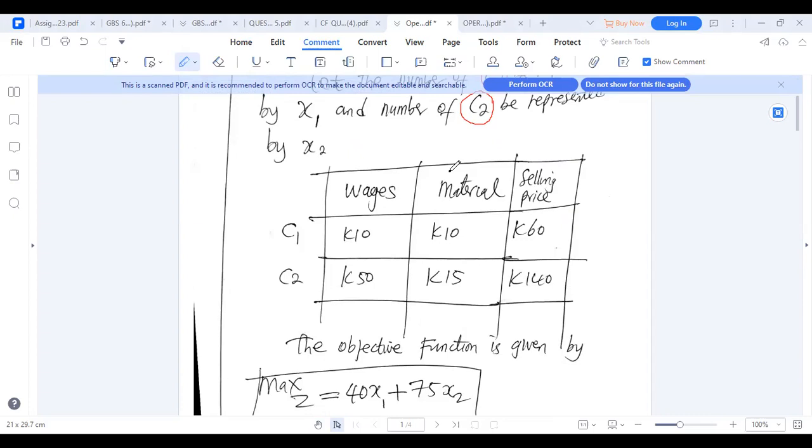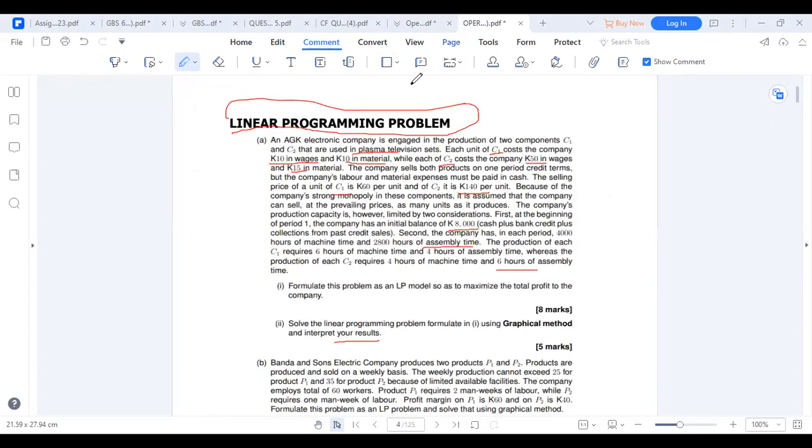So from the question, we have been told that the LGK electronic company is engaged in the production of 2 components, C1 and C2, that are used in plasma television sets. So the C1, their wages and material cost, which is 10 kwacha for wages and 10 kwacha for the material.